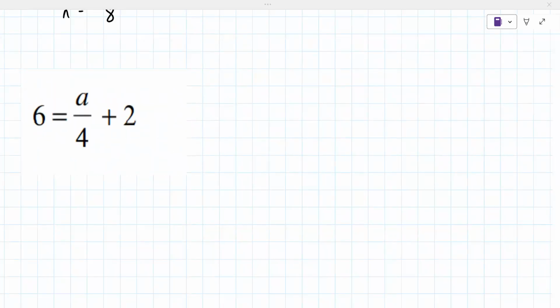Take a look at that. A equals 16. Equal 16.